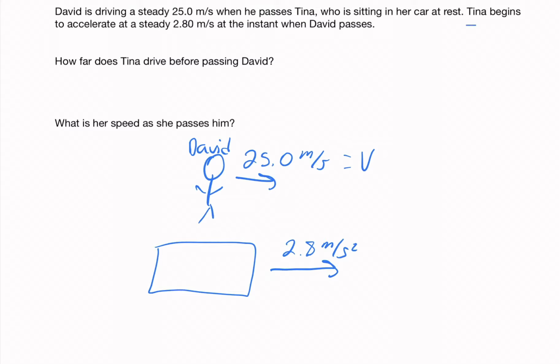So she begins to accelerate once David passes, one instant. So right here is when she's going to begin to accelerate. This means that her initial velocity right when they start is 0. David's initial velocity, he's already going, so his initial velocity is actually 25.